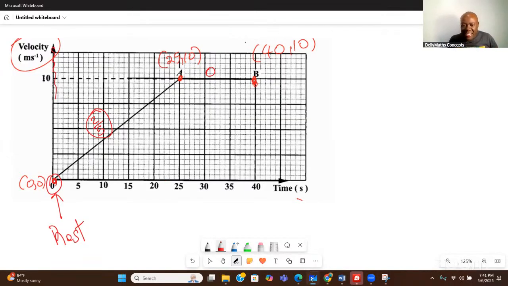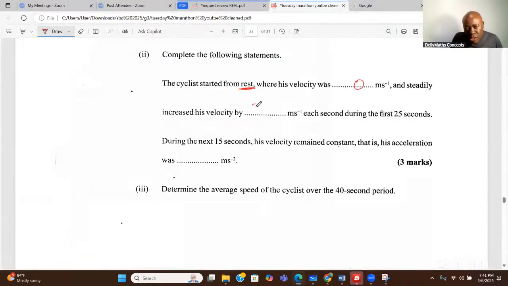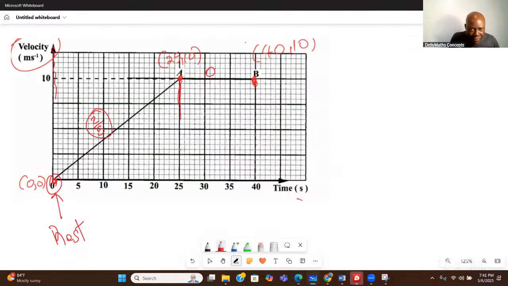So it increases steadily at 2/5 meters per second for each second during the first 25 seconds. Look, during the first 25 seconds, the straight line. See there? 25 seconds. After that, you realize we are right here. This is A, we go to B, but we never increase our speed. Let us see what else they're asking.